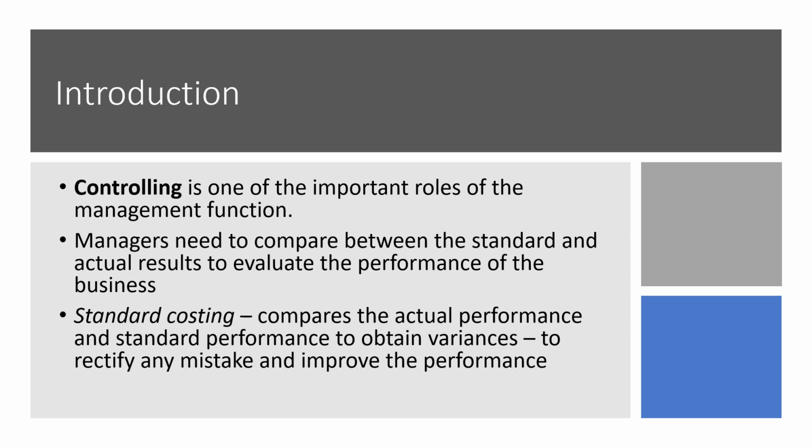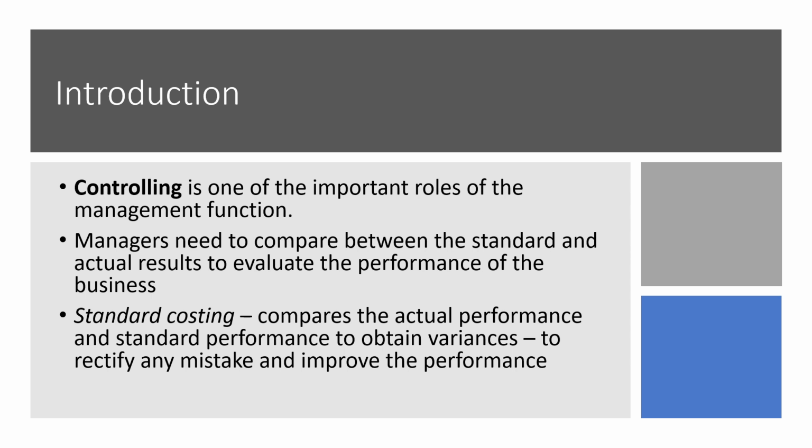Standard costing is a technique used to assess performance. It involves comparing actual performance with standards, the expected performance, to identify variances. The variances are the differences between the actual and the standard performance.